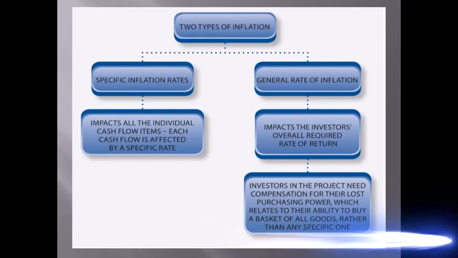Specific affects all individuals, while general affects only investors. For general inflation, investors in the project need to be compensated for their lost purchasing power. If someone invests in your company and purchasing power is lost, you are going to compensate, which relates to the ability to buy a basket of all goods rather than any specific one.